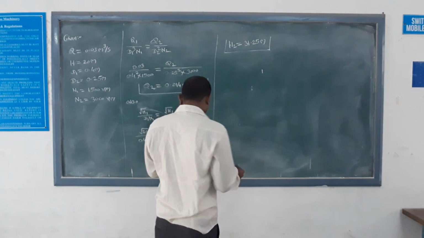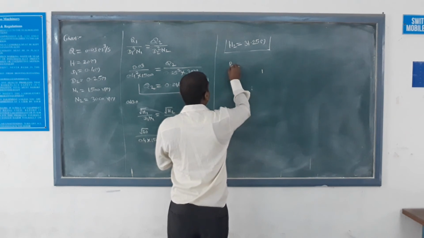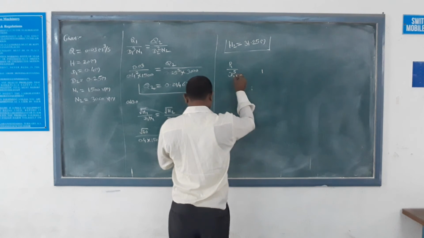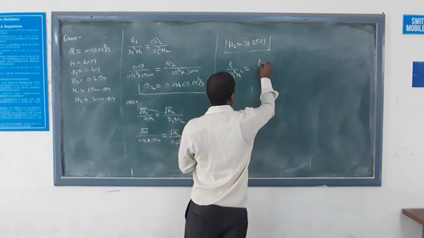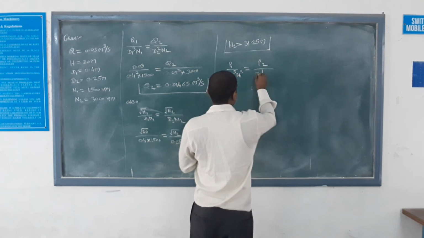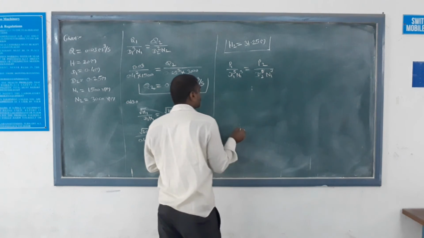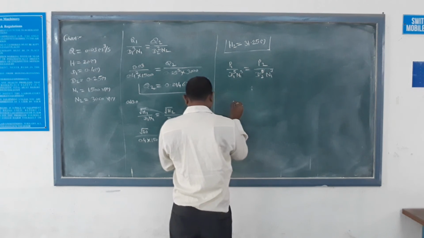After that, find out the power ratio. We know P1 upon D1 raised to 5 N1 cube equal to P2 upon D2 raised to 5 N2 cube. From this, find P1 upon P2.